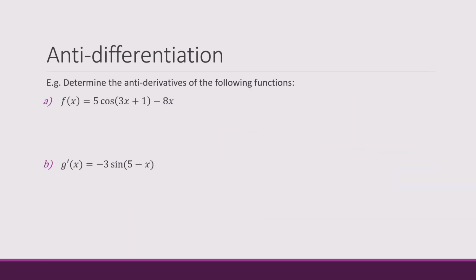We've got a couple of examples to do here. I'll write out my little table: sine, cos, negative sine, negative cos. Let's do the integral of 5 cos 3x plus 1 minus 8x dx.